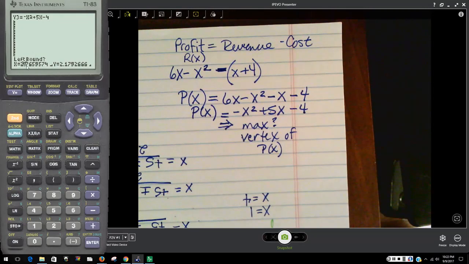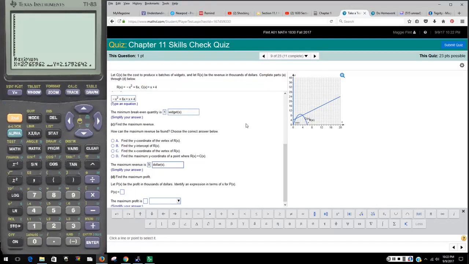Okay, and that's less than 3 because that's 2 point something. So we'll start there, and then we need to move past 3. And it says that our maximum profit occurs at 2.7659 widgets, and our maximum profit is 2.179, which I'm assuming would be about $2.18. Wonder what we're making that we're content with making $2.18.